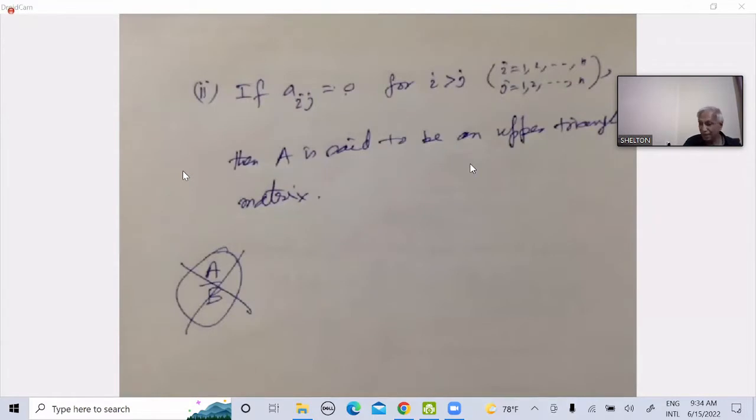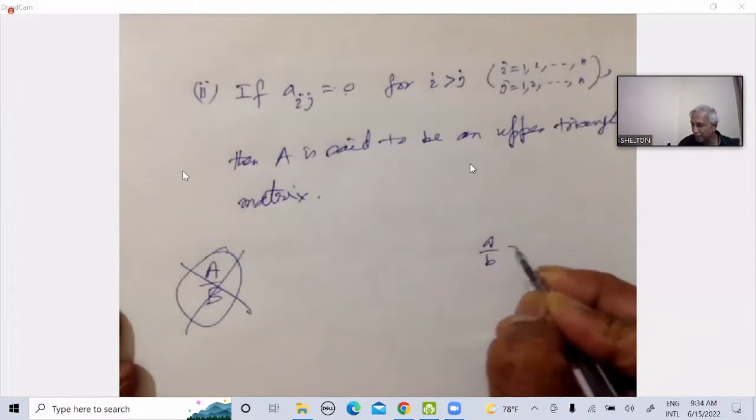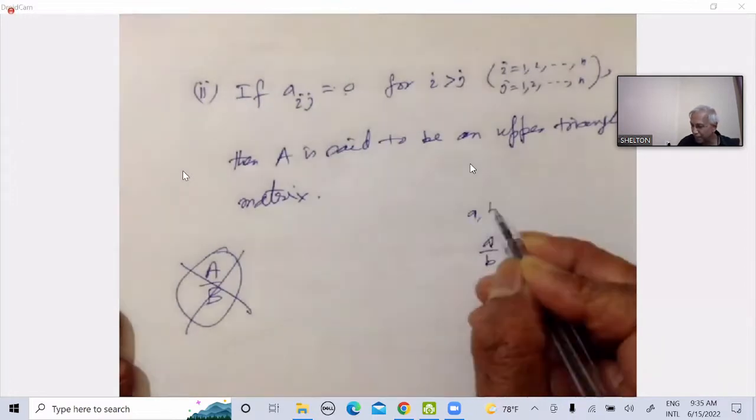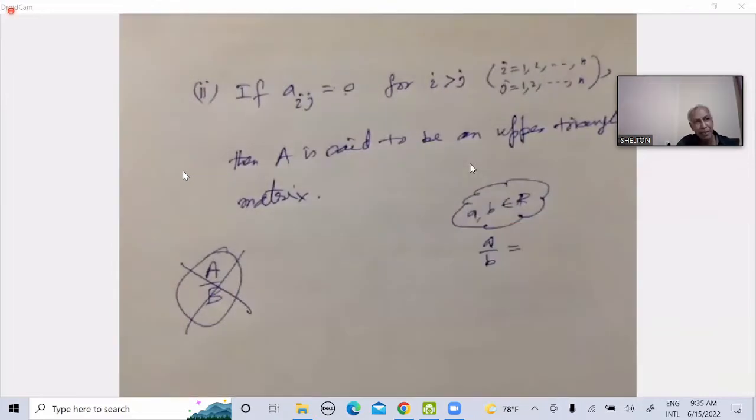A over B is defined so if A and B are real numbers. You can think of matrices as a new type of numbers consisting of an array of numbers, no? Rectangular arrays of numbers.